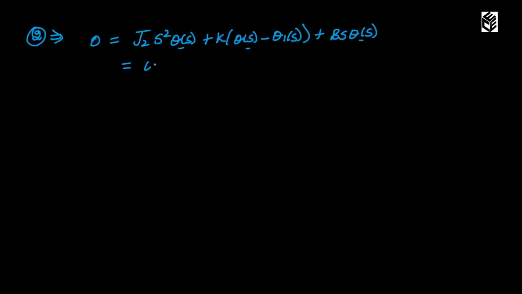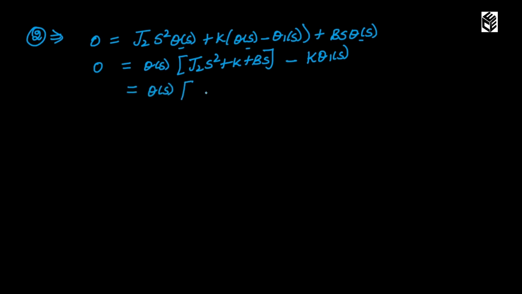Therefore, theta of s into J2 s square plus K plus Bs, minus K into theta 1 of s. Our left side is 0. I am going to rearrange this expression, that is theta of s into J2 s square plus Bs plus K, minus K into theta 1 of s.